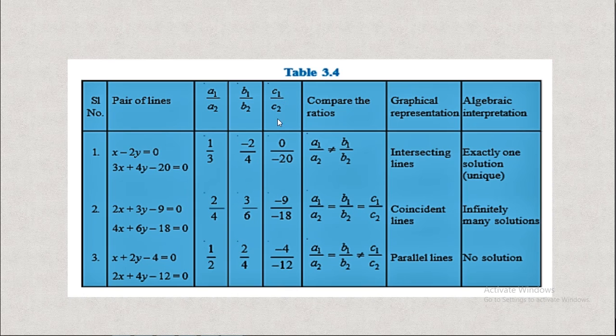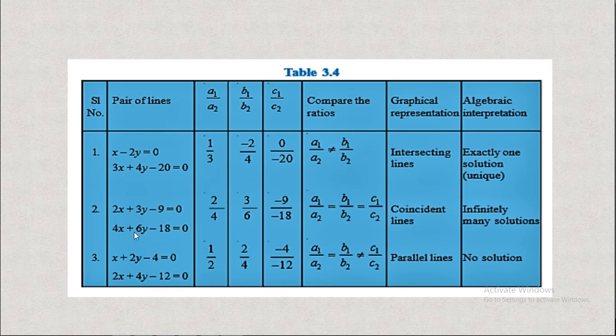And next we can see c1 by c2. The c1 is the constant term in the first linear equation, that is here -9, and c2 is the constant term of the second linear equation, that is -18. And we got the ratio as -9 by -18.